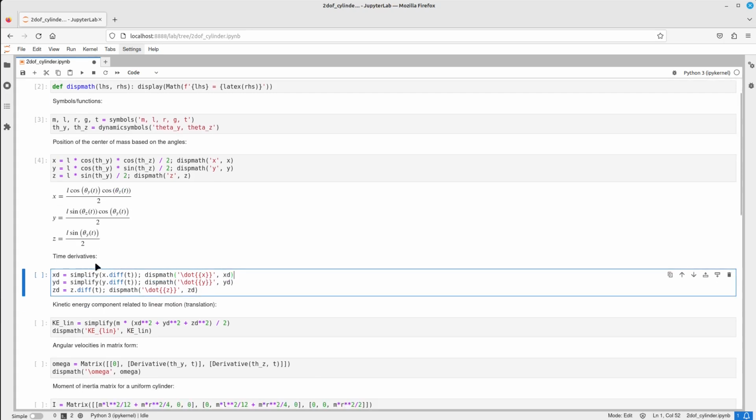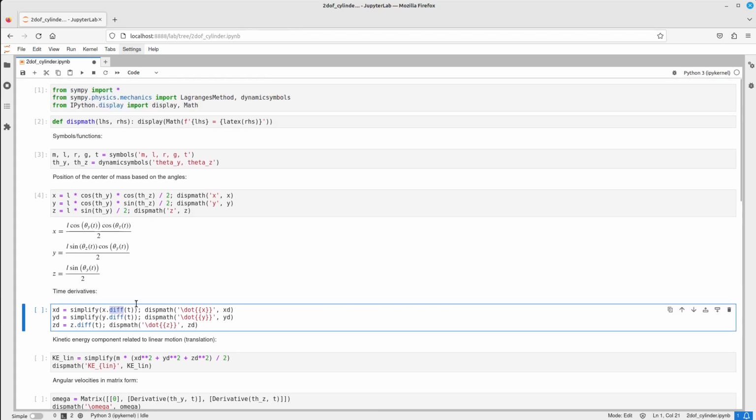And now we compute the time derivatives. So we're using the diff method found in the SymPy library. So let's display those results after differentiation with respect to time.